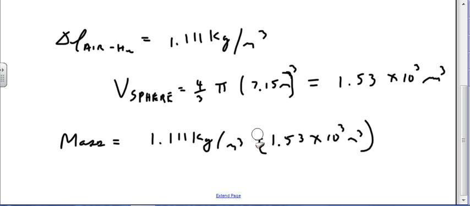And meters cubed goes away, and the answer is going to be in kilograms. Okay, so I end up with 1,700 kilograms, and I have 3 significant digits, so we'll put a line there.